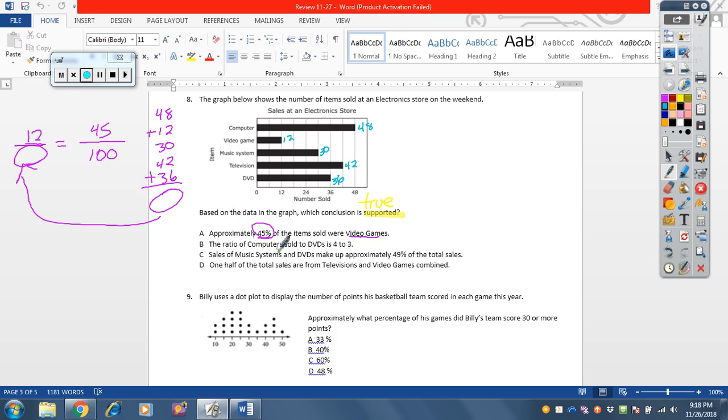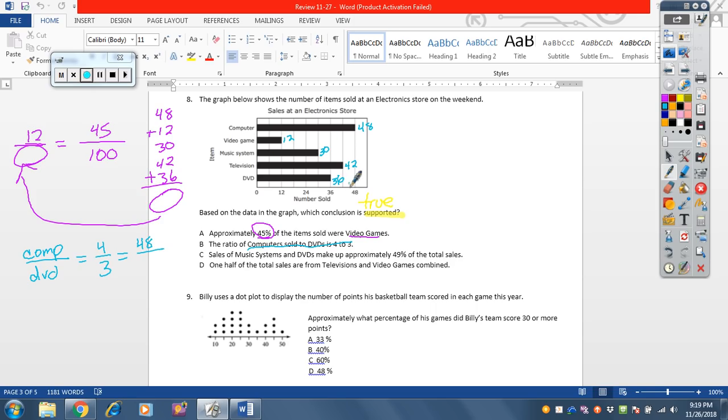B says the ratio of computers sold to DVDs is 4 to 3. So that is computers to DVDs, 4 to 3. What's the number for computers? 48.